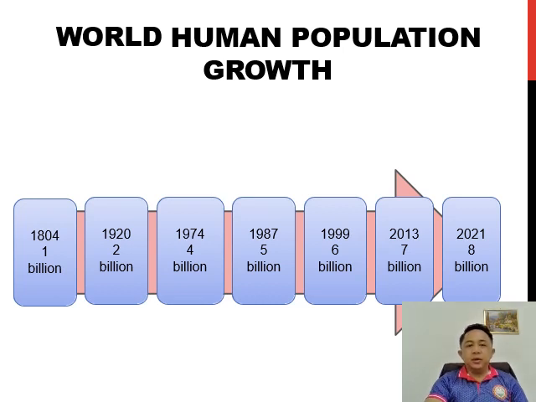So the increasing human population in the world means there will also be an increase in the consumption of natural resources. If we do not return to the environment or replenish these natural resources, from 2025 or 2030 there will not be enough resources to provide for the basic needs of humans.